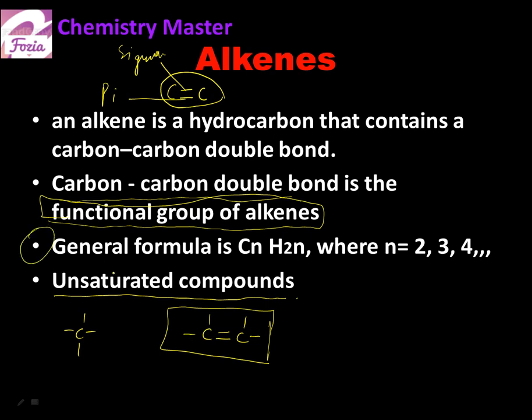If a hydrocarbon has a double bond, then they all will be following a general formula CnH2n, where n represents a whole number, meaning how many carbon atoms are present in the molecule, and the smallest number is 2 because to make a double bond we need at least 2 carbon atoms.